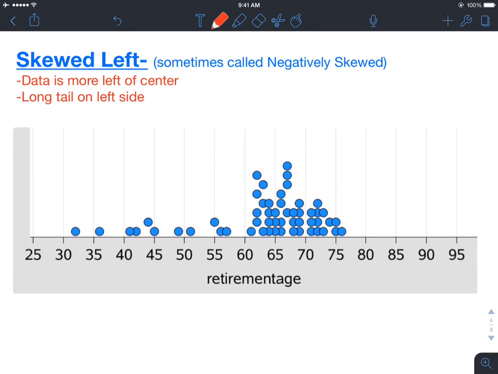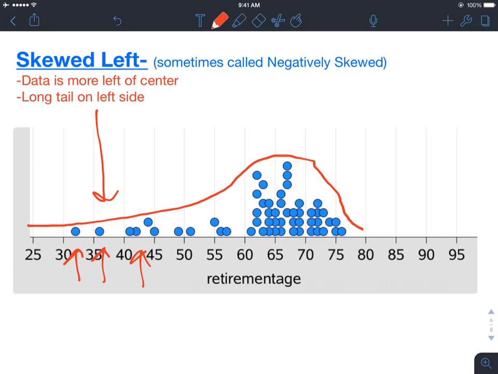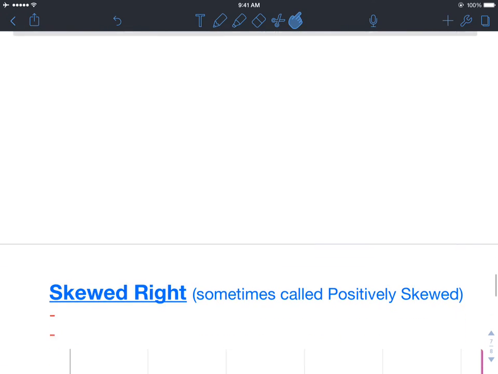Normally people cluster up into the mid to late 60s, possibly early 70s, as you could tell by our data. But look at some of these points that are way to the left. If I were to try to draw a curve to match my data, notice this long tail on the left side. This would be a skewed left example.